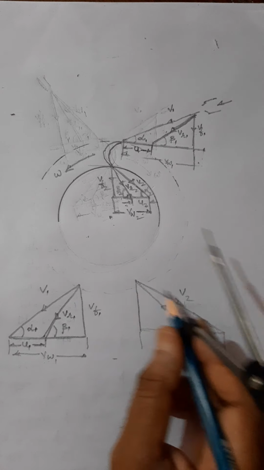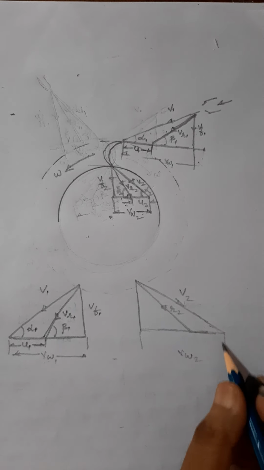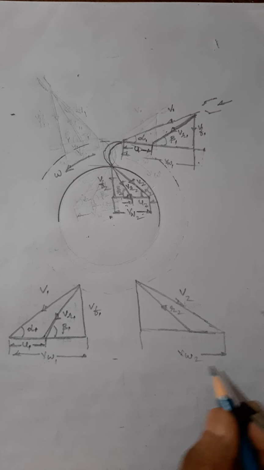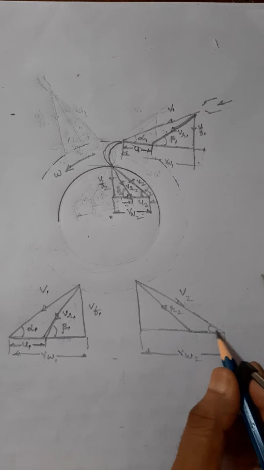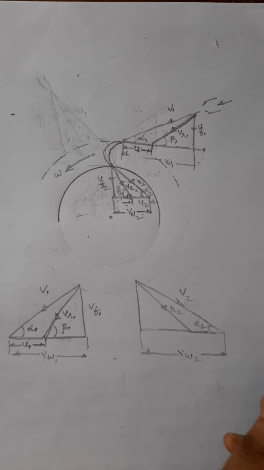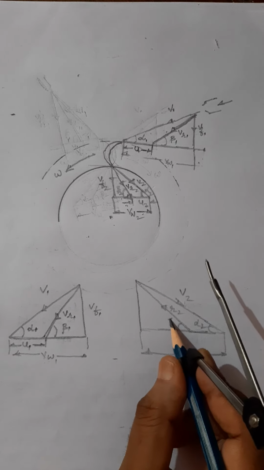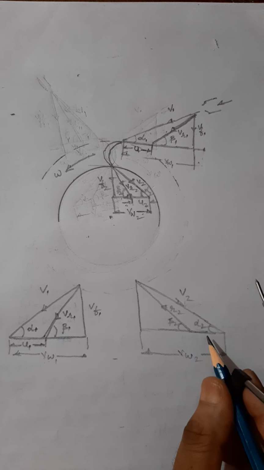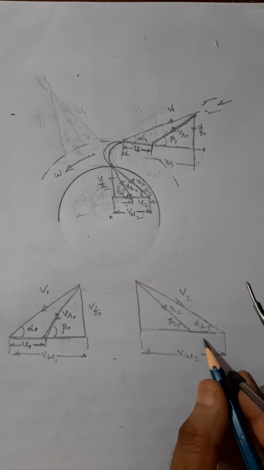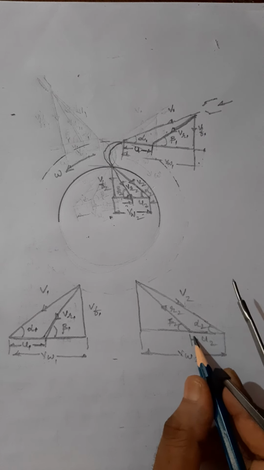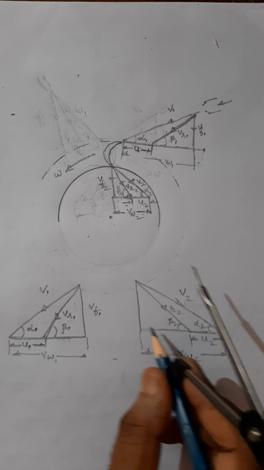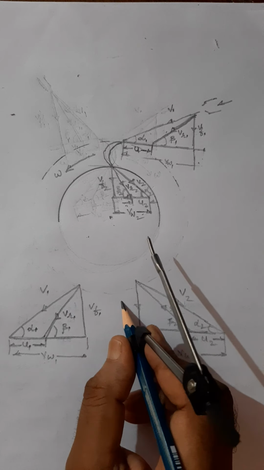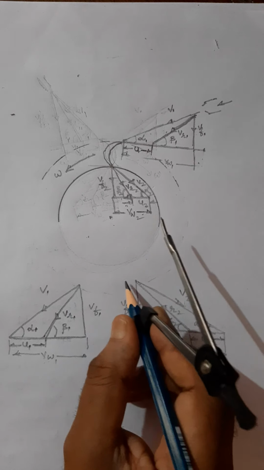When you project V2 on the horizontal, you will get VW2. And this is alpha 2, and this is beta 2, and V2, and this is U2, and this is VF2.